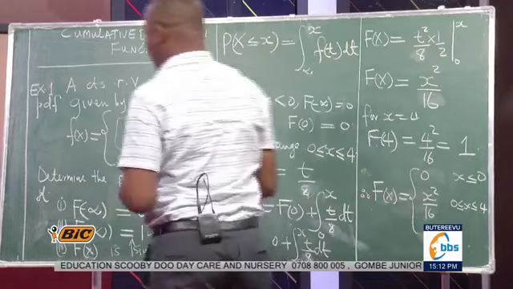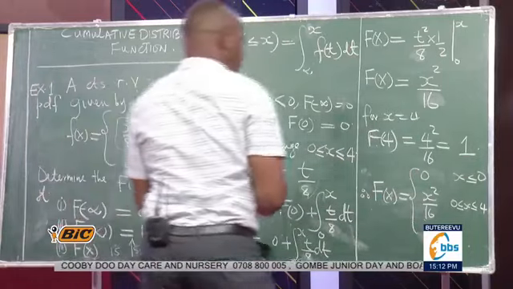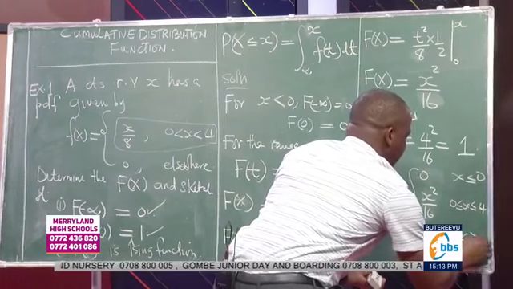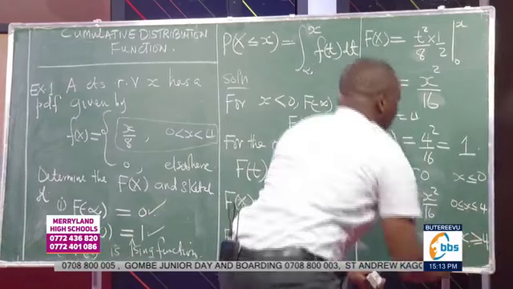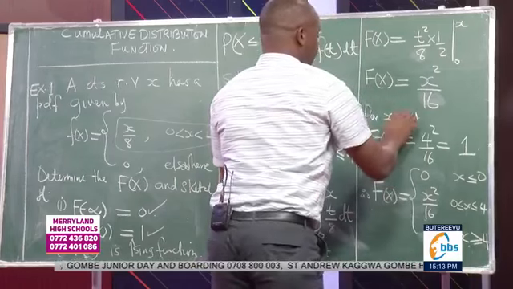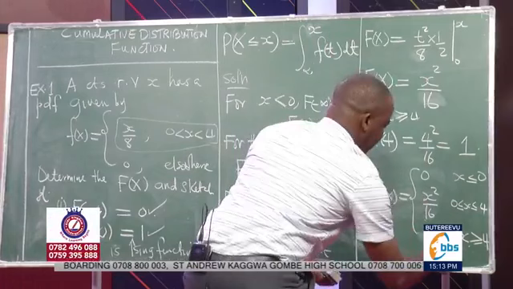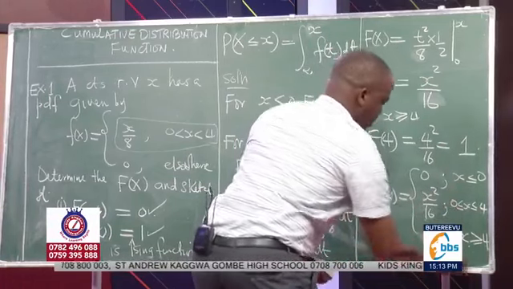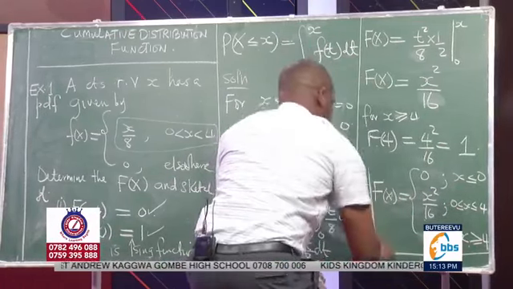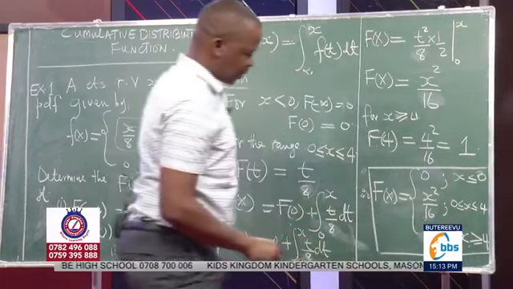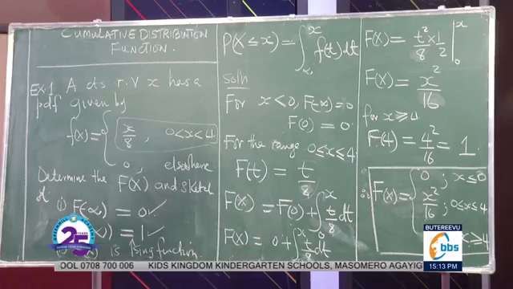Now the 1 is going to be our else. We won't be able to have our elsewhere. Here, if we put in our x greater or equal to 4, we get that, and this will give us our cumulative distribution function.